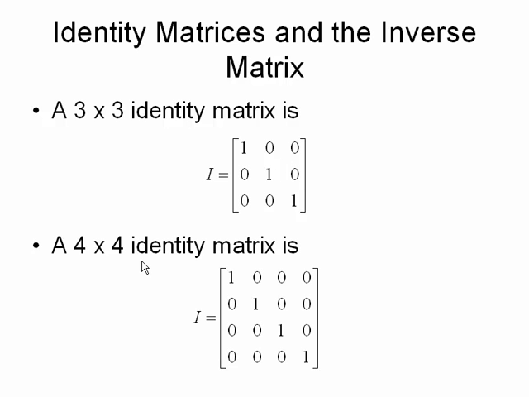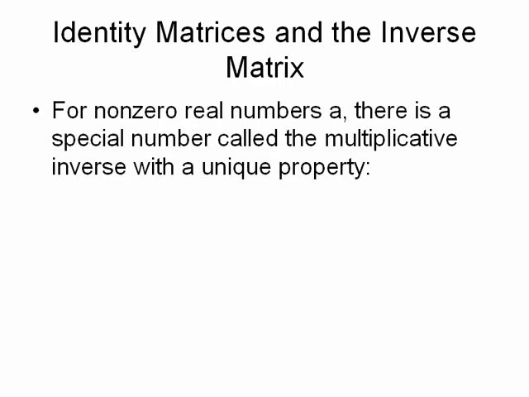A 4 by 4 identity matrix would be also ones down the diagonal, zeros elsewhere, but now it has 4 rows and 4 columns.